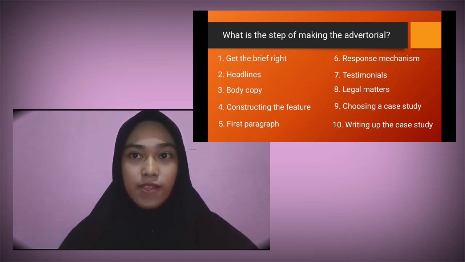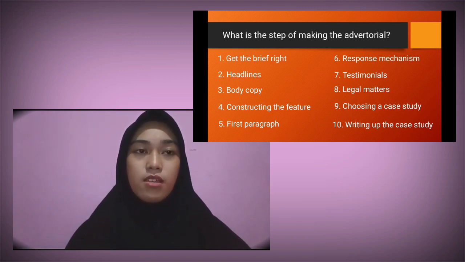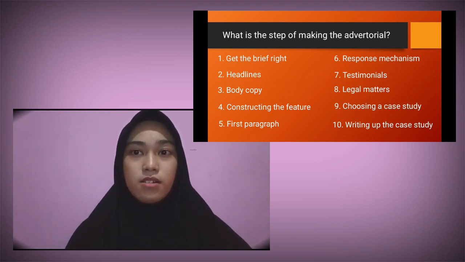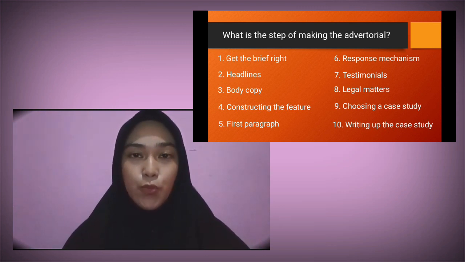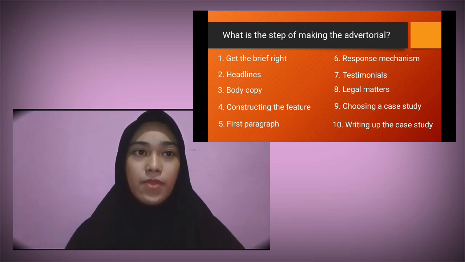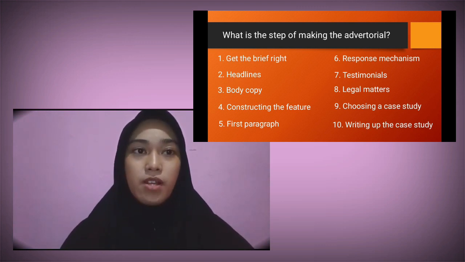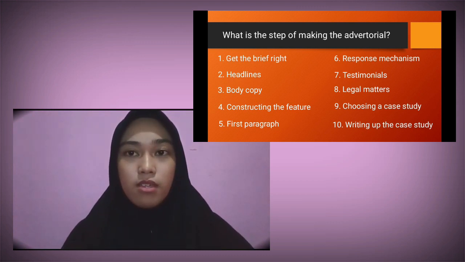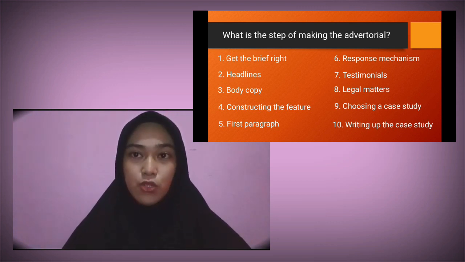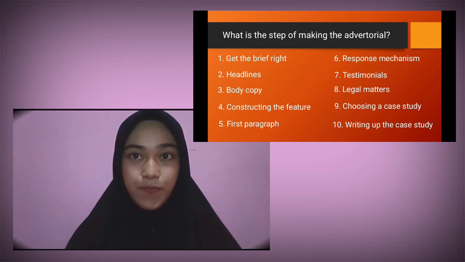In the feature in advertorials, usually there are a lead story, minor story, or a box containing short points. The next, the fifth, first paragraph. The first paragraph in body copy should give information to back up the headlines.